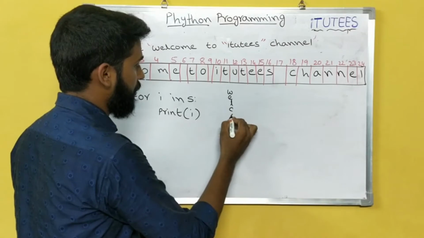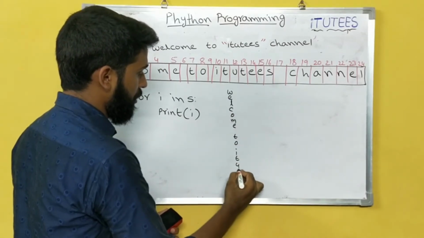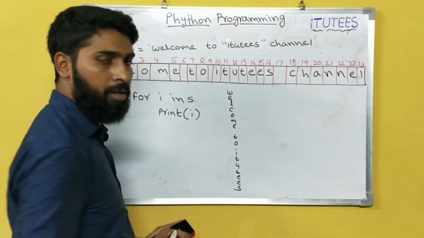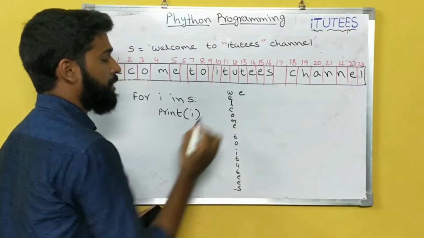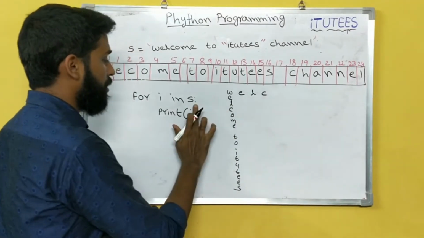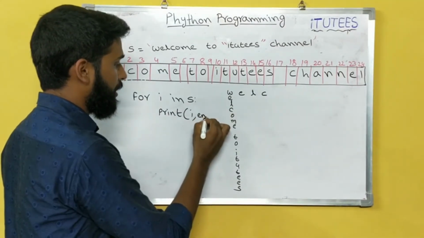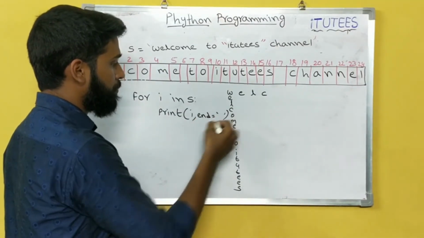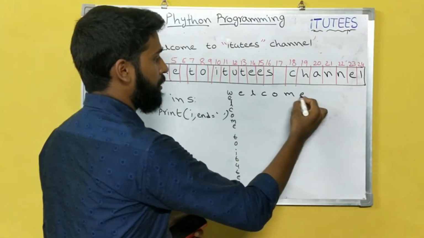It prints like this. Okay, I want to print W space E space L space C. So how? Print i comma end equals to space. That's it. Now it prints like this.